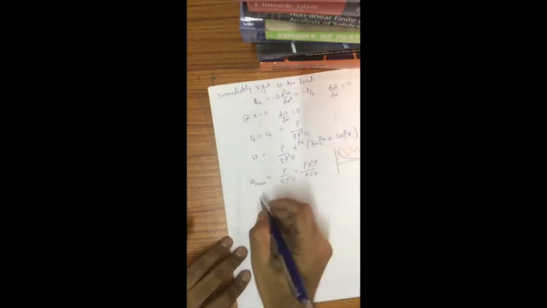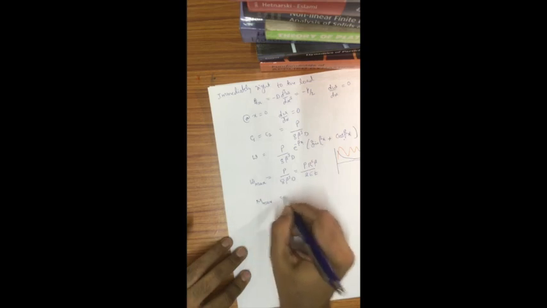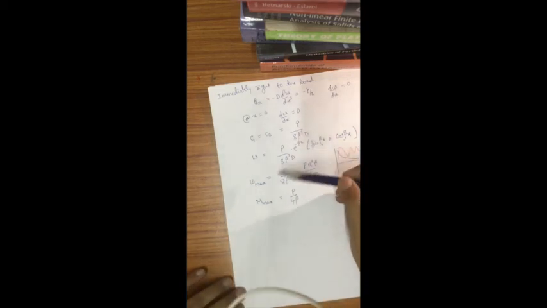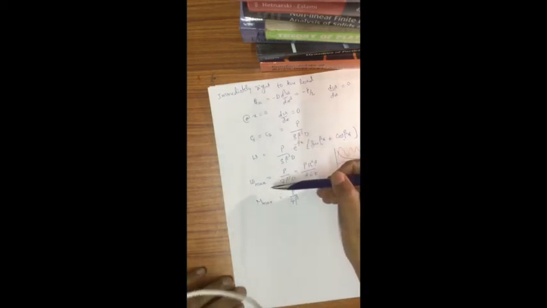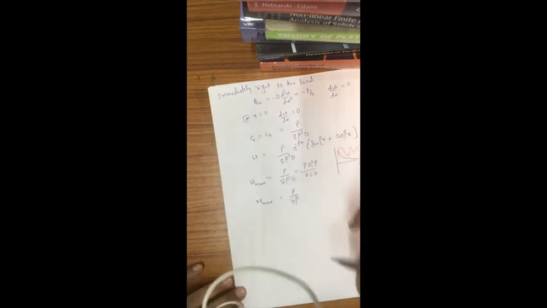Either way I can write it. What is the maximum moment? In this case it will be P divided by 4 beta. We can similarly write down the expressions for n theta, mx, m theta, qx. Okay, so these are the maximum values.